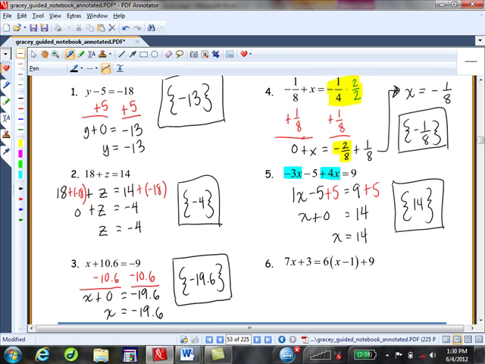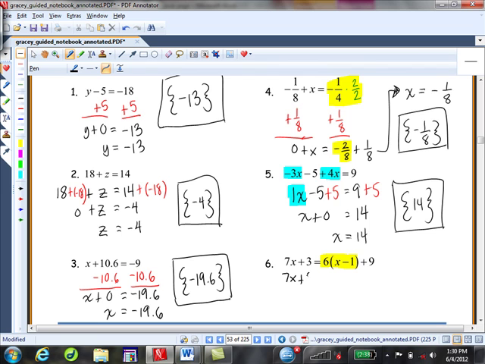And then number 6. Got a few issues here. What do you think we ought to take care of first? Good. I think we should use the distributive law. And by the way, the negative 3x and the 4x became the 1x right here. So for this guy, I think we ought to use the distributive law first off and get that cleared up.